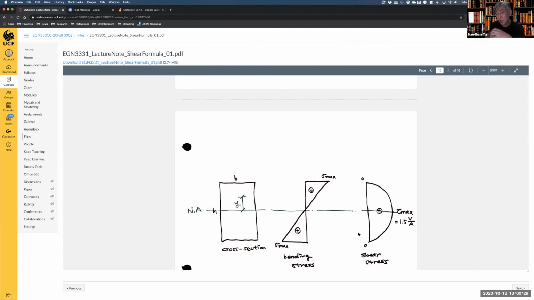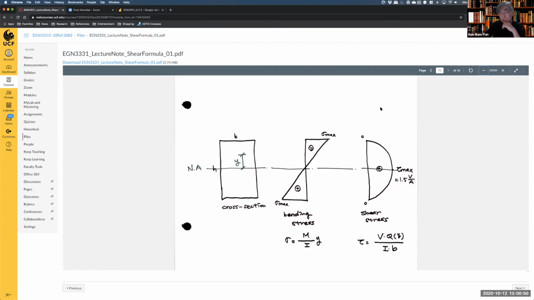Also, I'm trying to tie the shear discussion with the bending discussion, right? Because shear and bending go together in a beam. Okay.